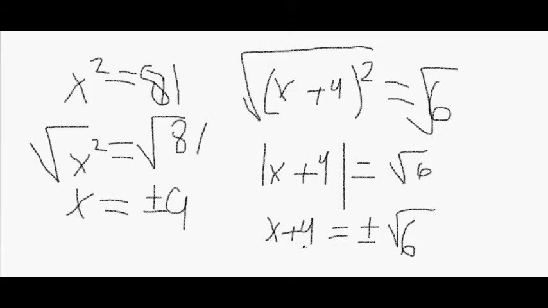So that's pretty simple to understand. Now, if we want x by itself, which is what I prefer, you have to subtract 4 from both sides: x equals minus 4 plus minus the square root of 6. And that's how you would solve number 62.